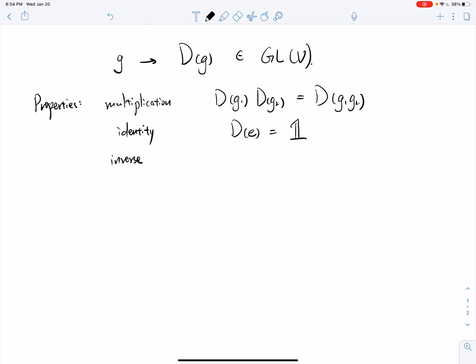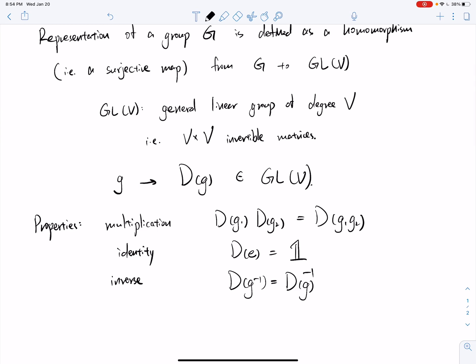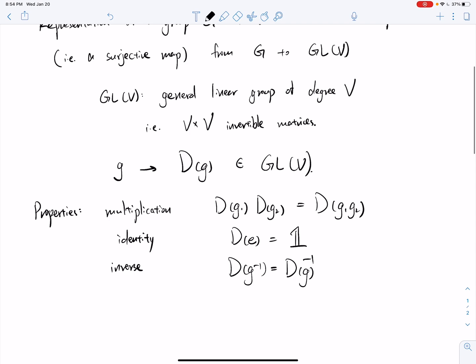Another important property, the inverse. The inverse is simply the representation of the original group element inverse, because remember, GLV is the group of invertible matrices, so we're allowed to invert this representation DG.